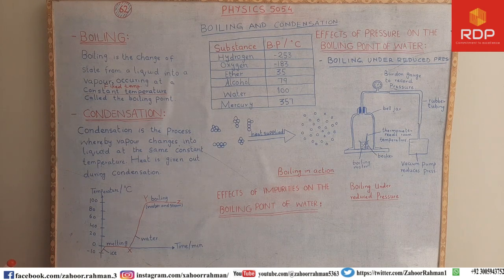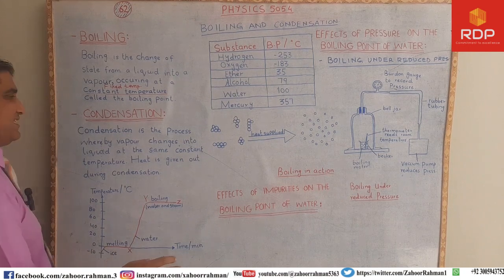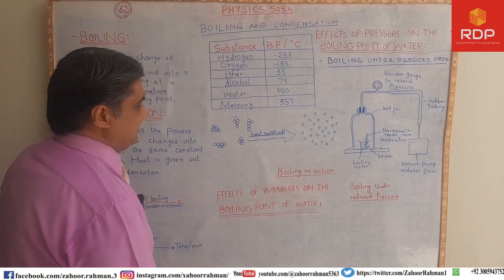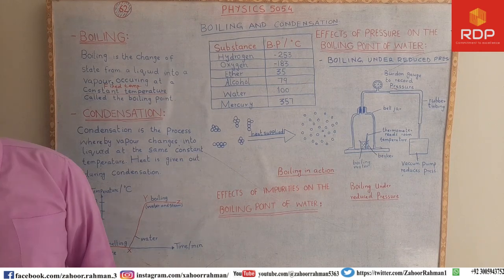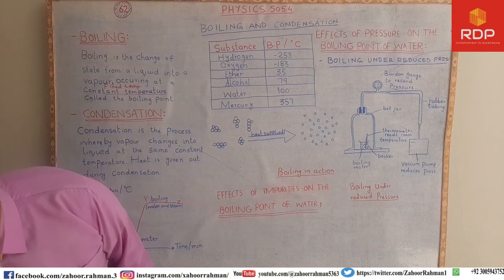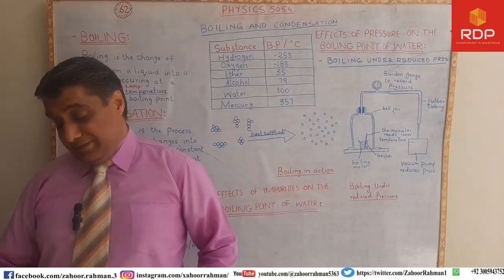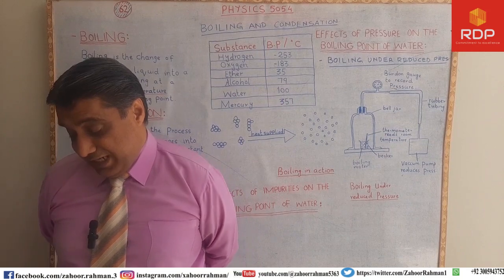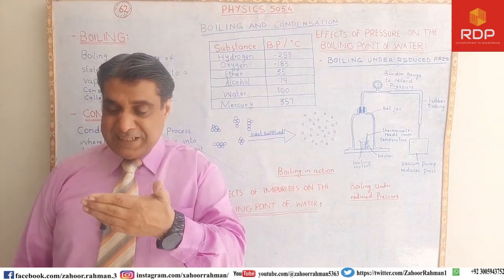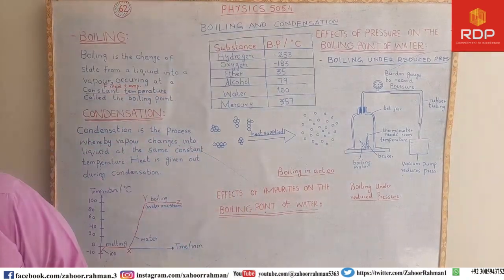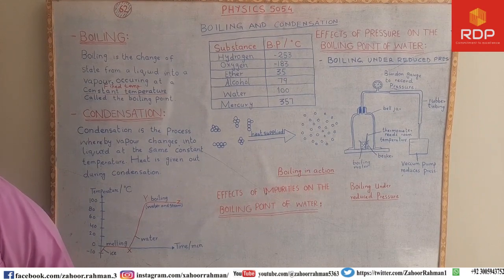That is, latent heat of vaporization means it is a hidden heat which is converting the water molecules from the liquid form to a gaseous or vapor form. So that is why it is called latent heat of vaporization. During boiling, the temperature remains constant at its boiling point. Heat is being absorbed by the substance. Keep that in mind, I told you.